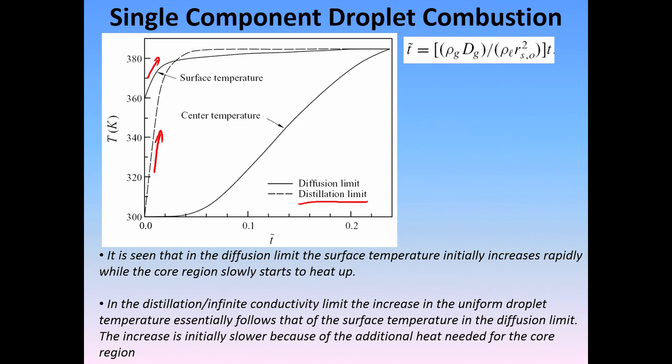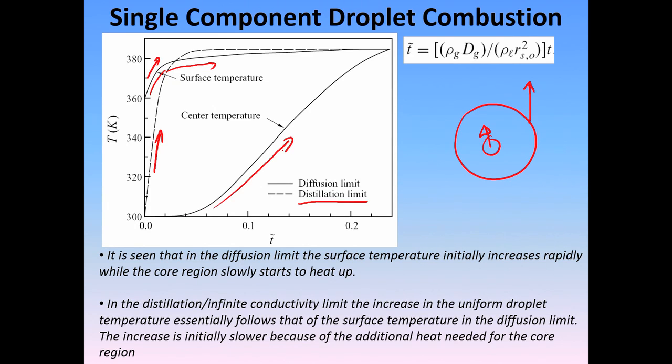So, what you find is that in the diffusion limit, the temperature initially increases very rapidly, okay, and then it starts to slow up. That is because the core of the droplet starts to heat. So, here the surface temperature rises very fast, right. The core still does not feel the heat. Okay. Slowly as time goes on, the core temperature also starts to rise.